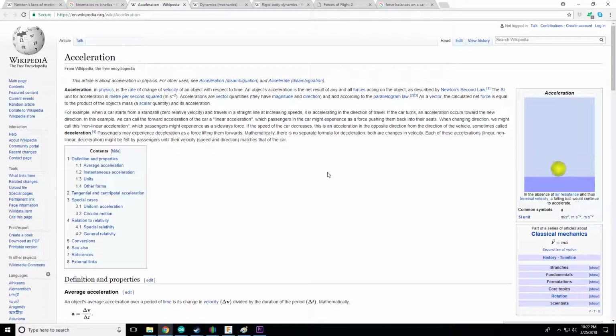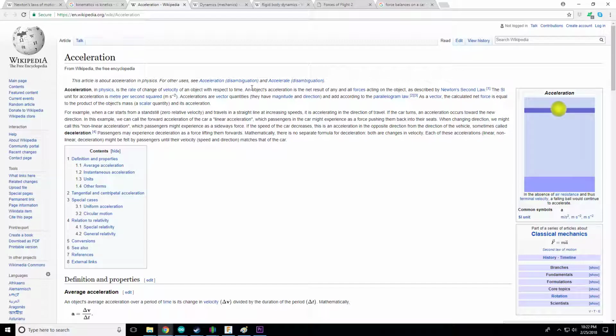So what is acceleration as a quick recap? Acceleration is the rate of change of velocity of an object with respect to time. So for example, something that you would be very familiar with is acceleration of a car. Let's say you're going to race somebody at a stoplight. When you stop at the stoplight next to somebody you're going to race, you are not moving. So your velocity with respect to the stoplight is 0 miles per hour.